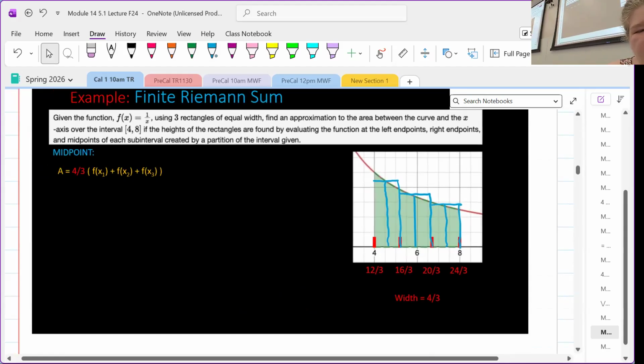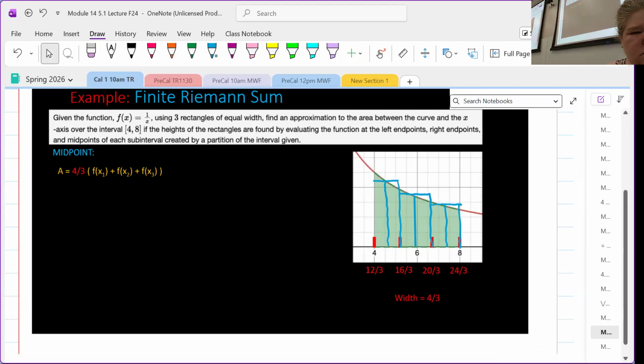But when we do the midpoint, the function values are a little bit different.